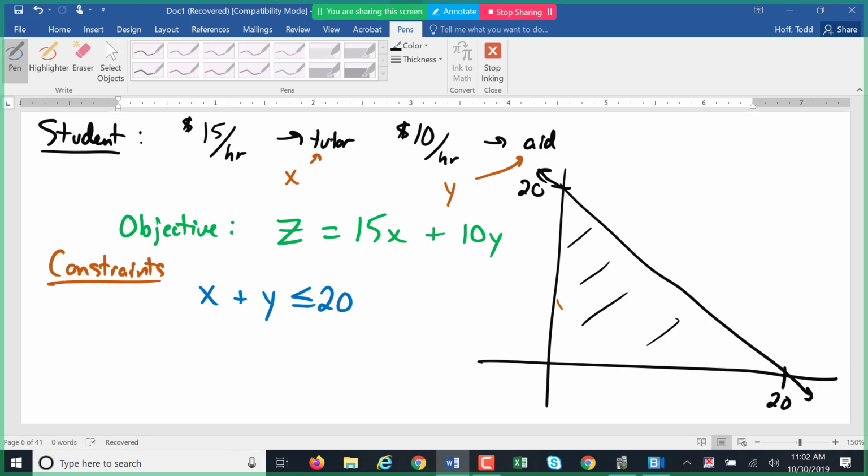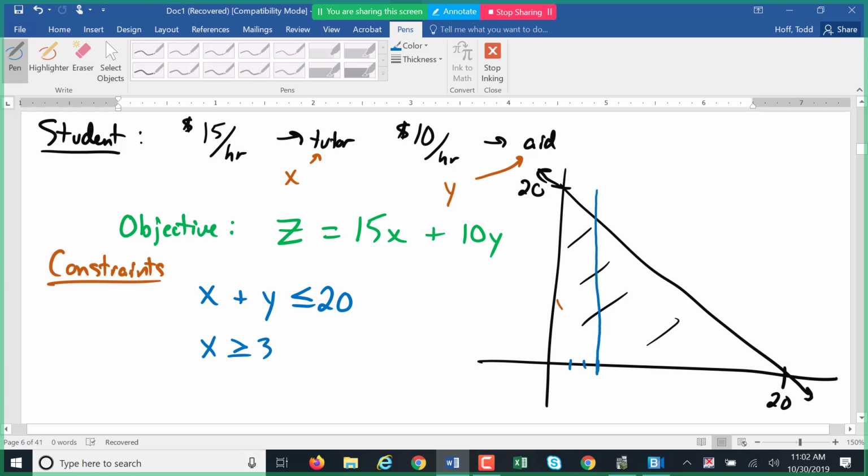Tutoring center requires each tutor to spend at least 3 hours per week tutoring. So the tutoring X has to be at least 3 hours. So X, 1, 2, 3, shaded on this side.